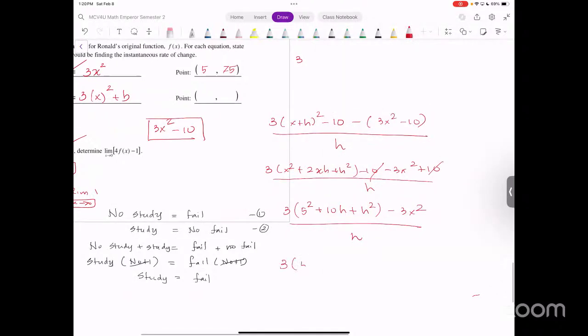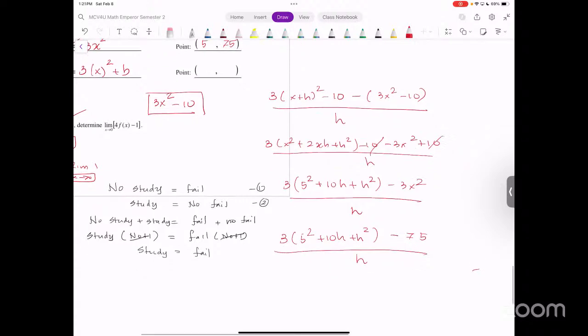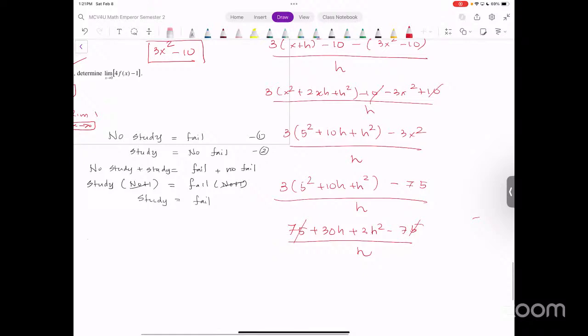So 3 times 5 squared plus 10h plus h squared minus 3 times 5 squared, which is 75, over h. So you can have that. This is 3 times 5 squared, which is 75, plus 30h plus 3h squared minus 75 over h. So these two cancel. I should get an expression 30 plus 3h.